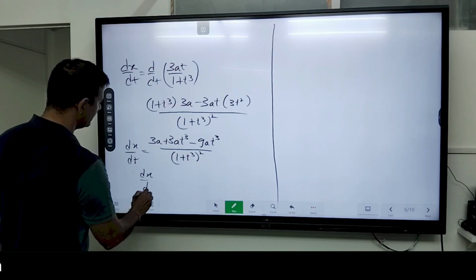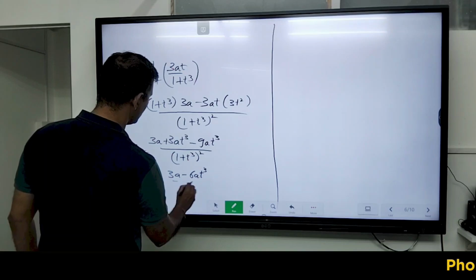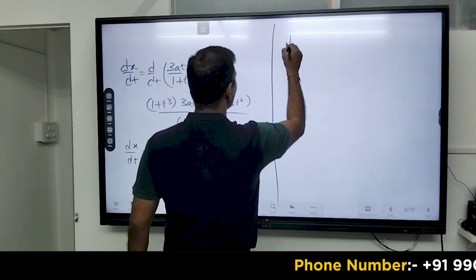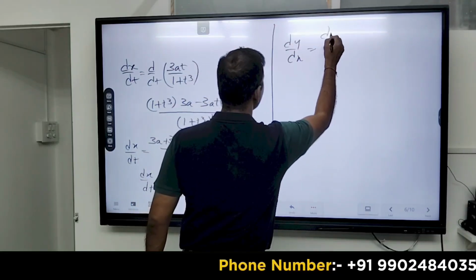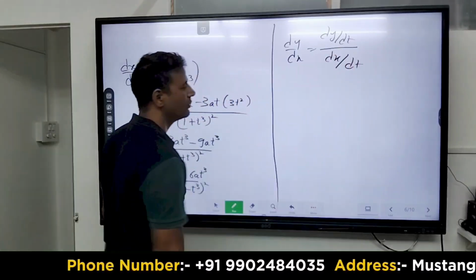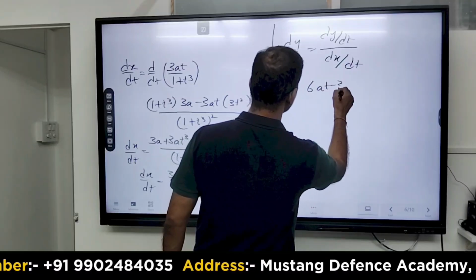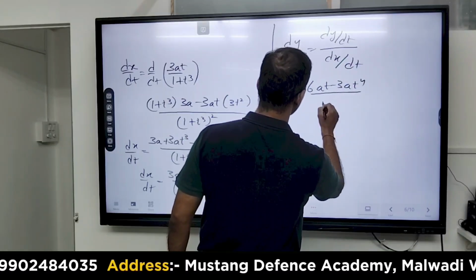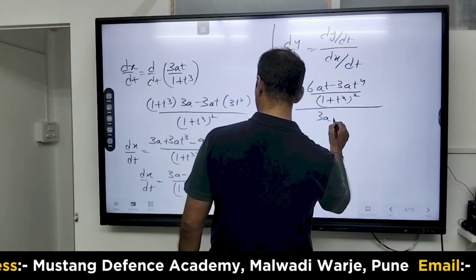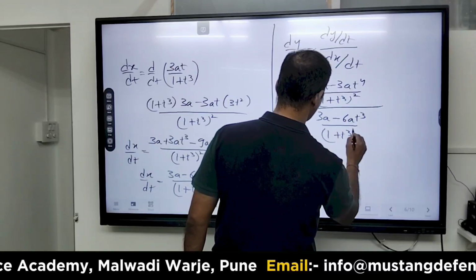So dx by dt would be 3a minus 6at cube upon 1 plus t cube the whole square. Now dy by dx would be dy by dt, the whole upon dx by dt. Now let us substitute the values. 6at minus 3at raised to 4, the whole upon 1 plus t cube the whole square, the whole upon 3a minus 6at cube, the whole upon 1 plus t cube the whole square.